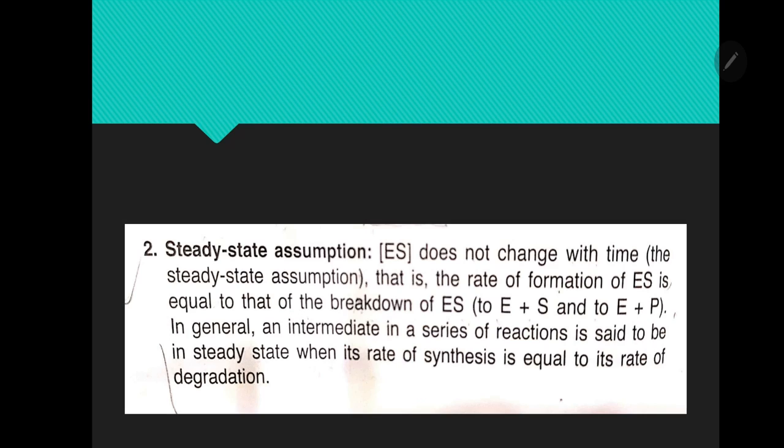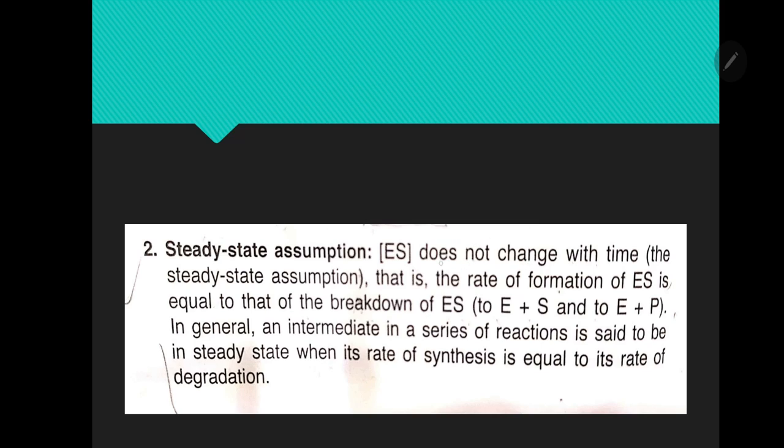And the second assumption we make in the Michaelis-Menten equation is the steady state assumption. It is very good to understand the steady state assumption. It indicates that the reaction, the formation and the participants, their ratio is the same, whatever is going to happen.